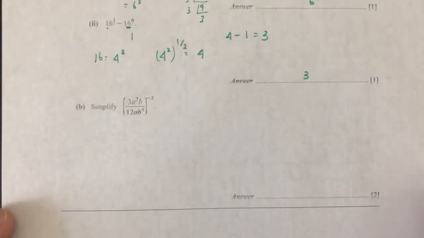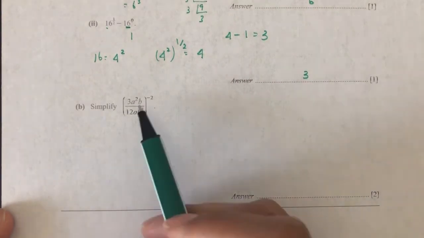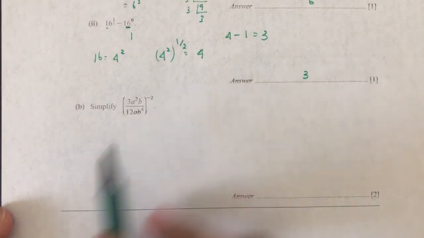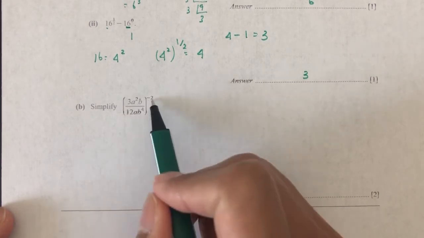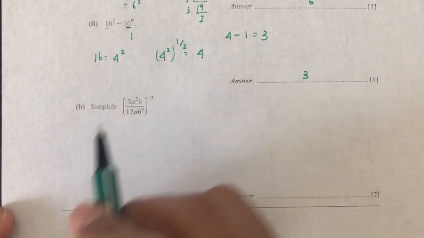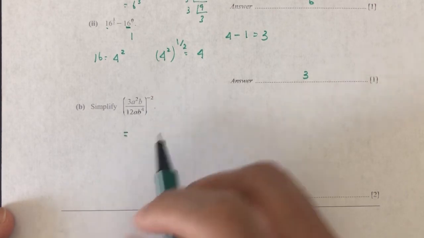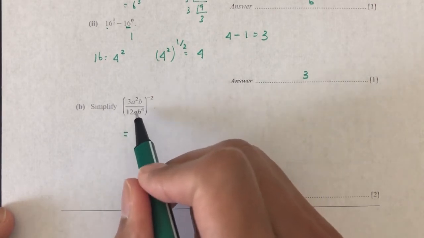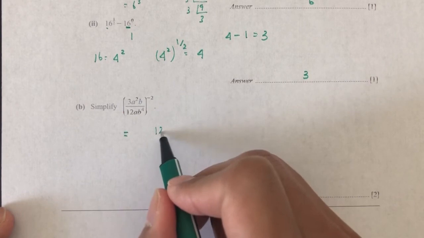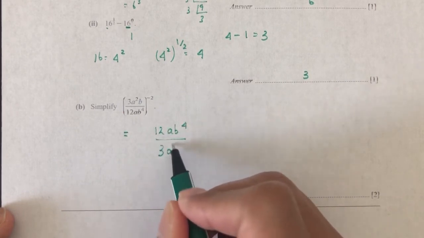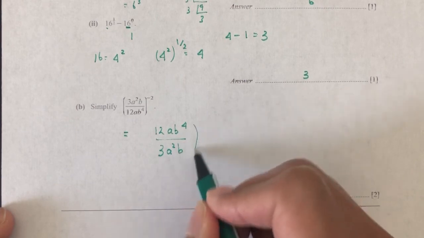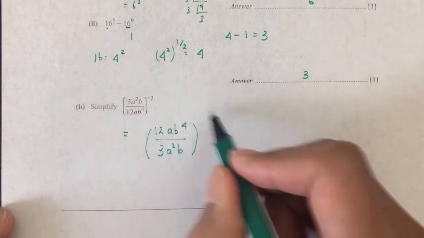So now part B, simplify the fraction with a power of minus 2. So when we have a power of minus 2, we can first convert the power to a positive 2. So how do we do this? We first have to flip the inside upside down. So 12a b4 divided by 3a squared b. Now the power has changed from minus 2 to 2.